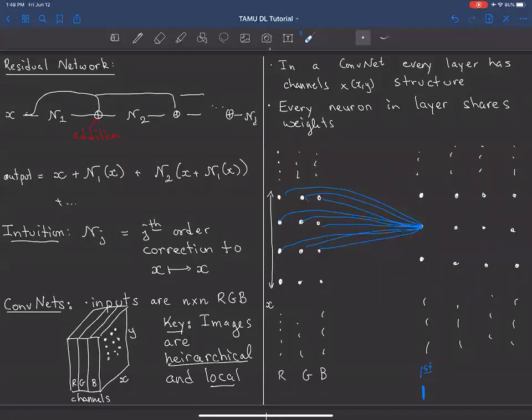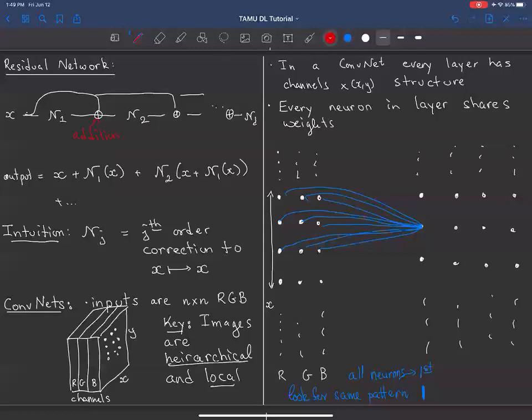Let me say that somewhere. I'll just write it here in blue: all neurons that are in this blue color channel look for the same pattern, but at different spatial locations.